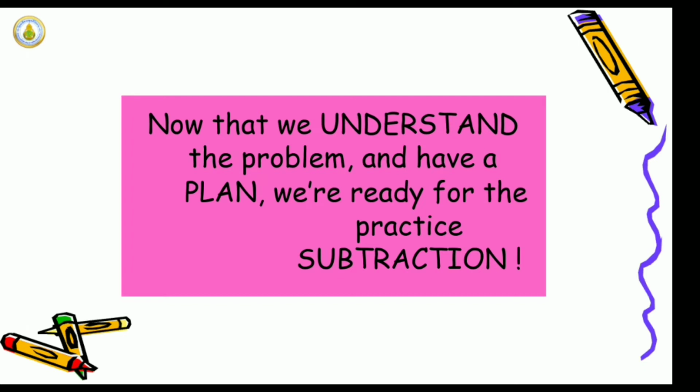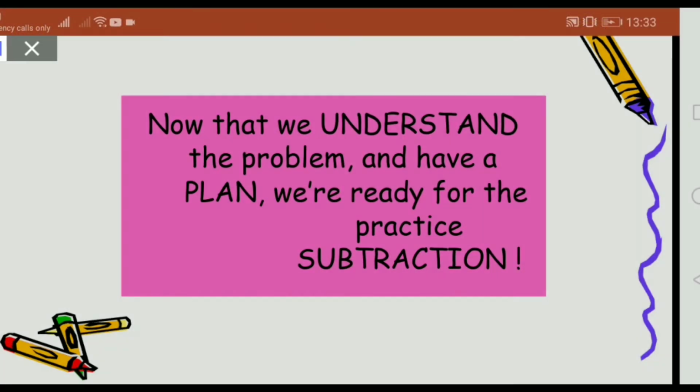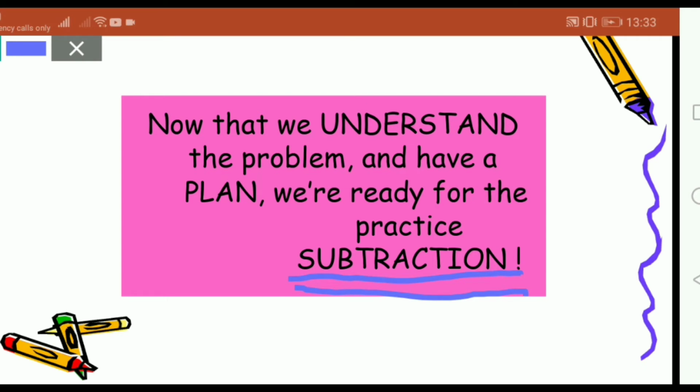Now that we understand the problem and we carry out the plan, we're ready for the practice. This time, we're going to learn the word problem on subtraction. If I say subtraction, it means we are going to use the minus.